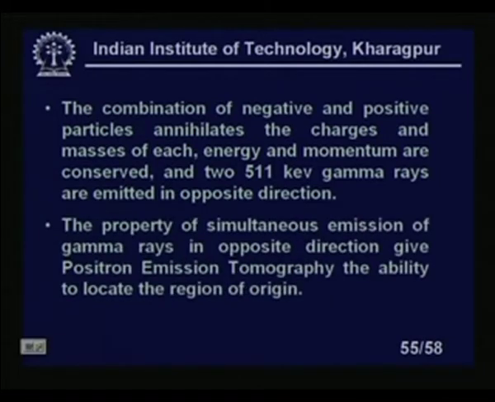The property of the simultaneous emission of the gamma rays in opposite directions gives positron emission tomography the ability to locate the region of origin, right. So, that is necessary, you must know the origin.